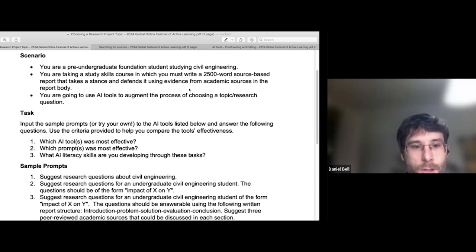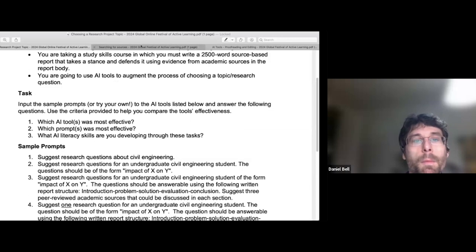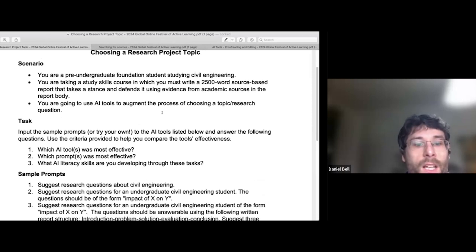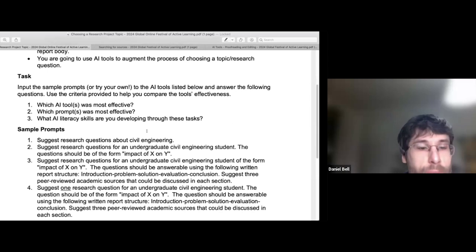So the start of the process is choosing the topic. The next stage I've included is searching for sources, and finally proofreading and editing. For the choosing a topic stage, I've included 4 sample prompts.